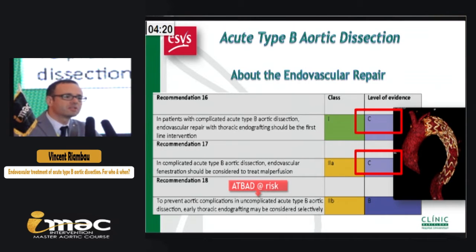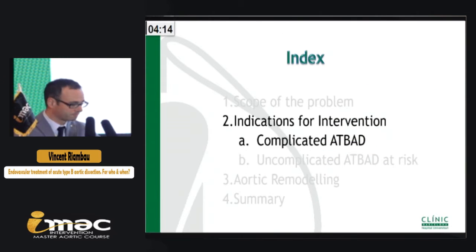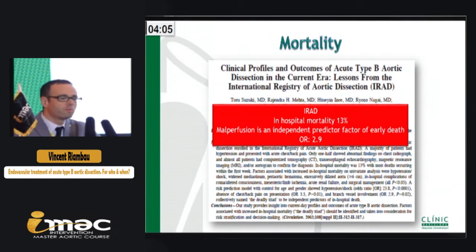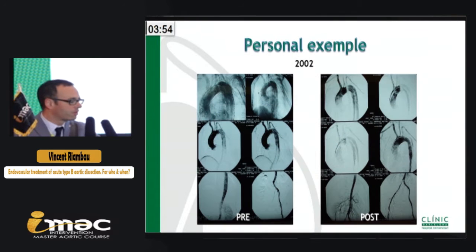But to prevent this kind of complication, we are beginning to have some evidence that is reported in the guidelines on how to do it. These are the indications for intervention for complicated type B dissection, and we know that this situation is complex, it's very bad for the patient, with a high mortality and odds ratio that is independent from any other risk factors.